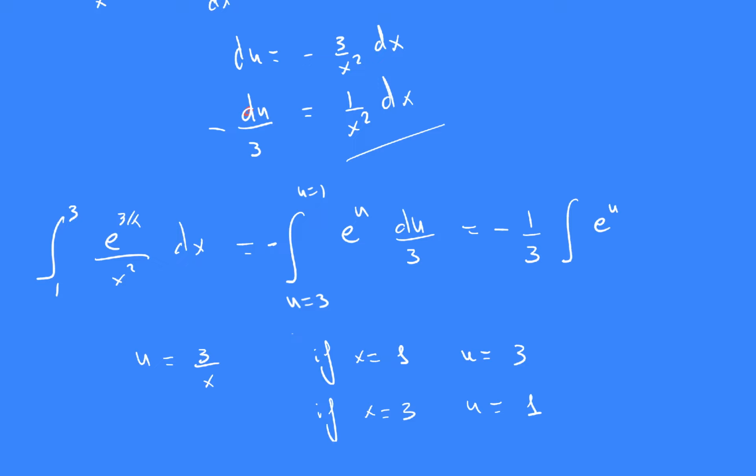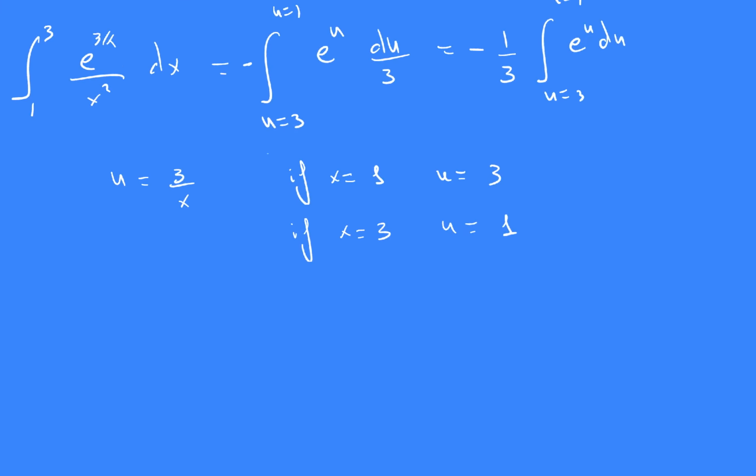e to the u du from u equal 3 to u equal 1. So it will be equal to minus 1/3 times the integral of e to the u. What is the integral of e to the u? e to the u is the function.